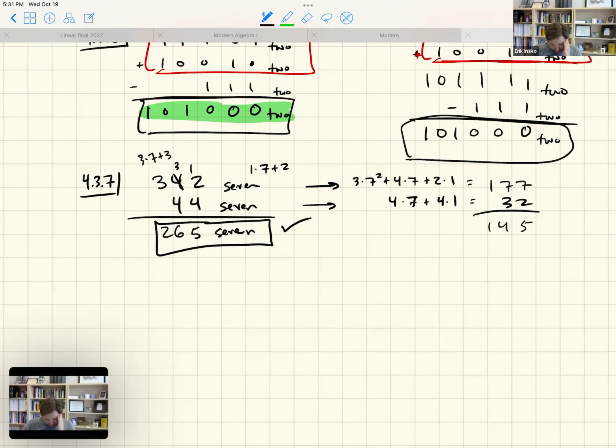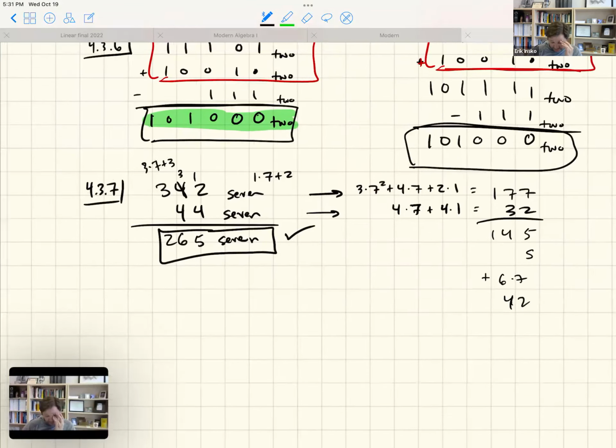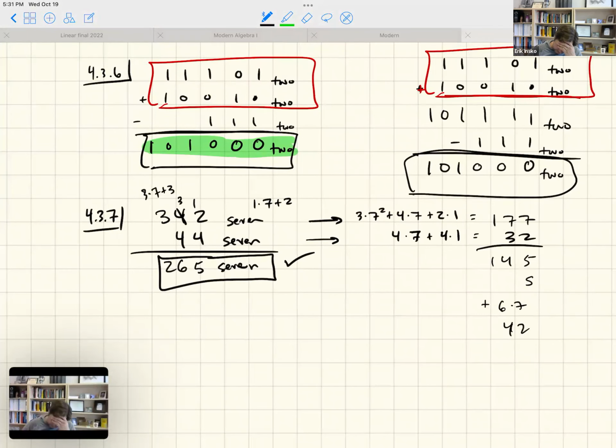And then I would have 140 would be, yeah, I guess that's right. So that's 5 times 1 plus 6 times 7 gives me 42. So 5 plus 42, and then 1 times 49. Yeah, maybe I did that right.